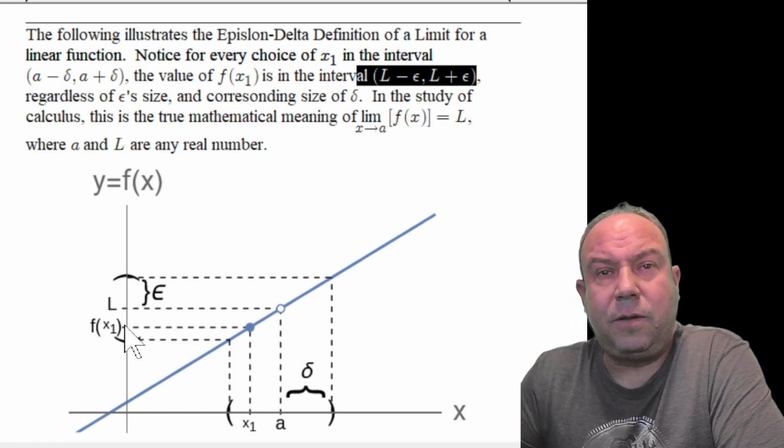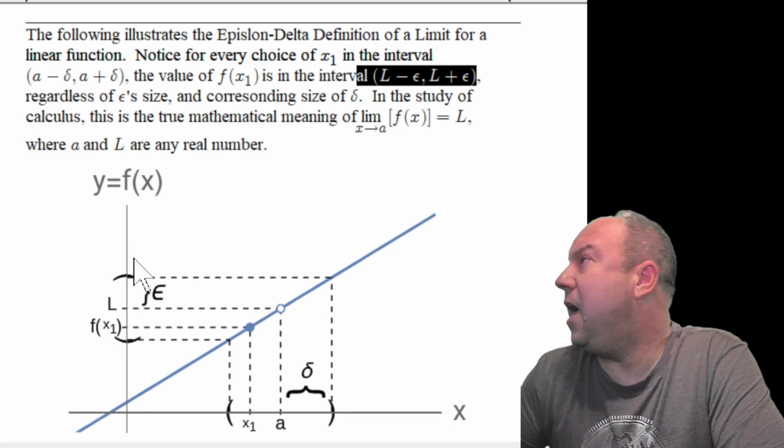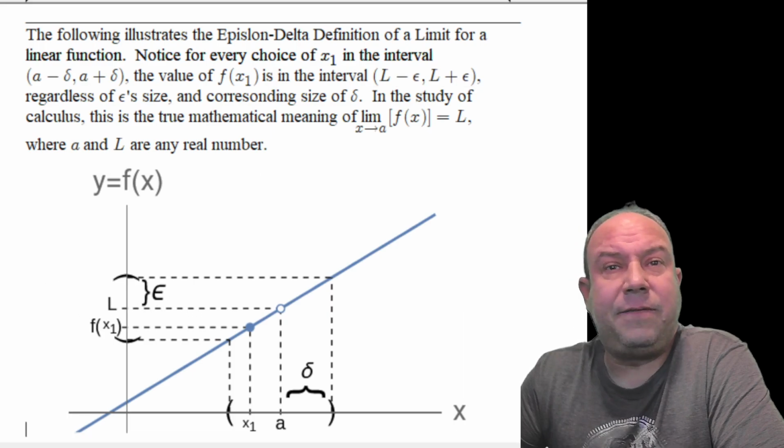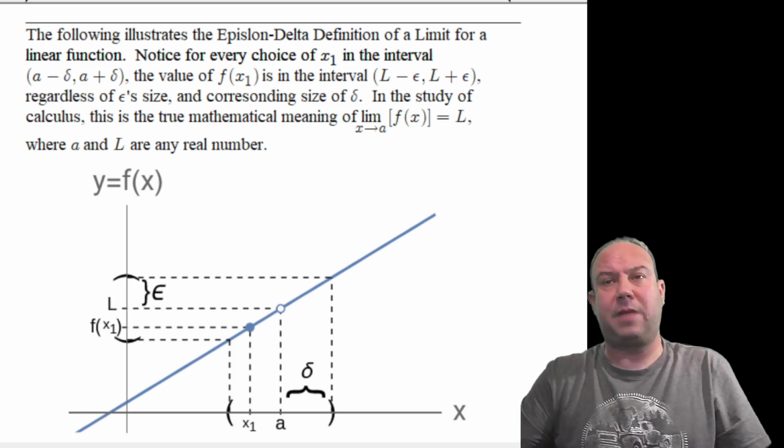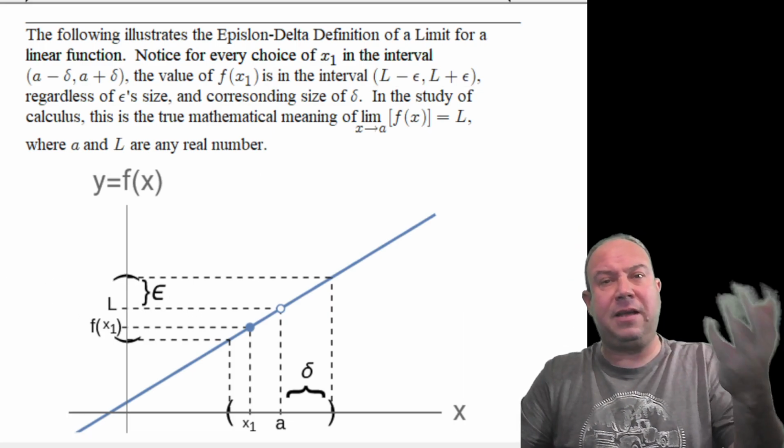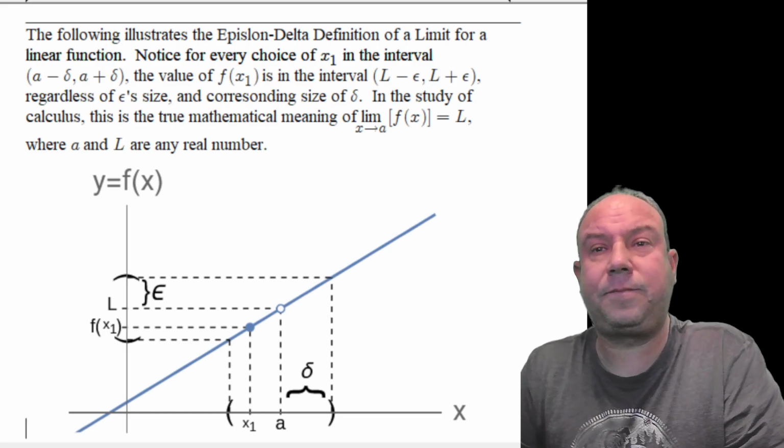This interval that forms around L, and that is the size of epsilon. Epsilon units above L and epsilon units below L.